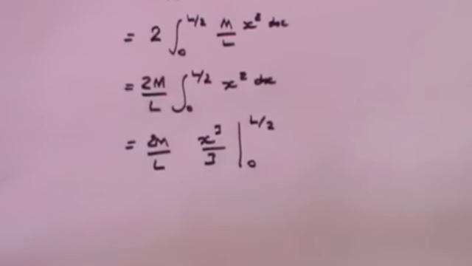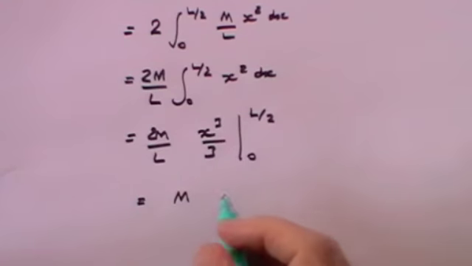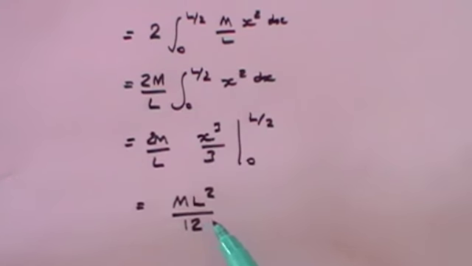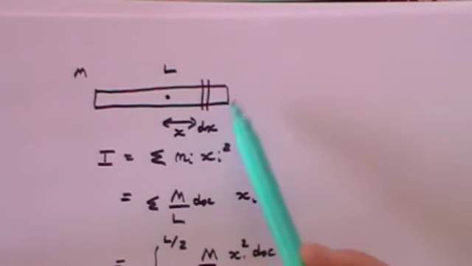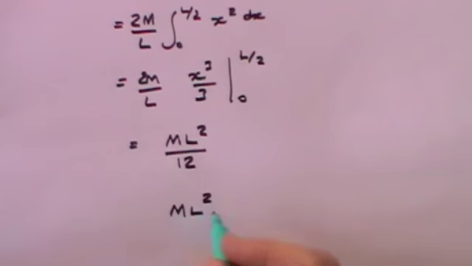And if you calculate that and work it out, you will get that the moment of inertia is mL squared divided by 12. So our dimensions are right because it's still a mass times a distance squared. But that is the moment of inertia when you pivot the rod in the centre and swing it around that central point. And you can compare that with a rod that was pivoted at the end, where the moment of inertia was mL squared over 3.